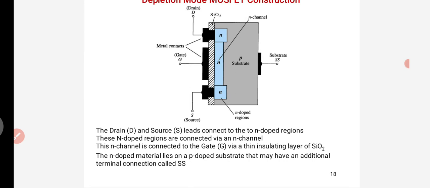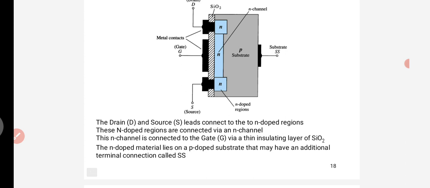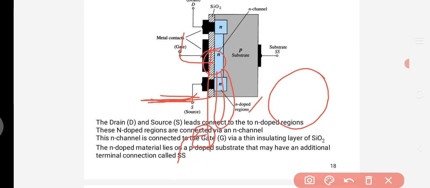That means the source and drain are connected via a channel. This N channel is connected to the gate via a thin insulating layer of SiO2. So the N-doped material lies on a p-doped substrate that may have an additional terminal connection called the substrate.